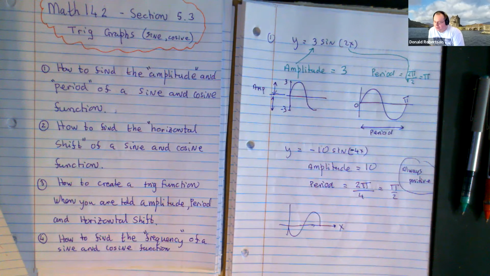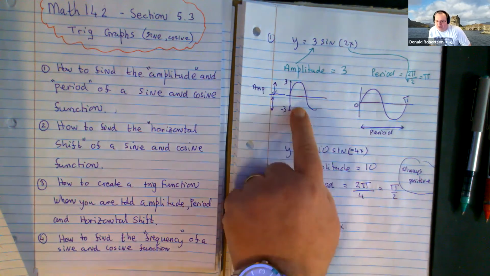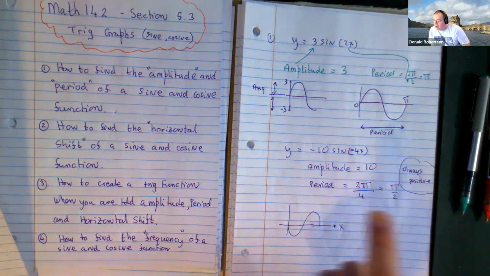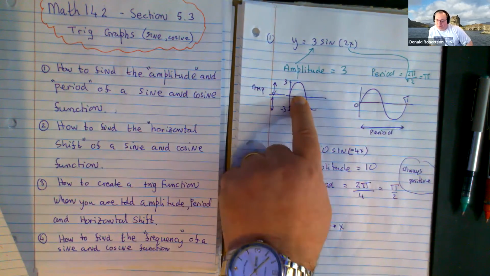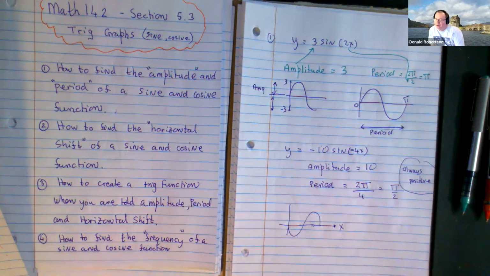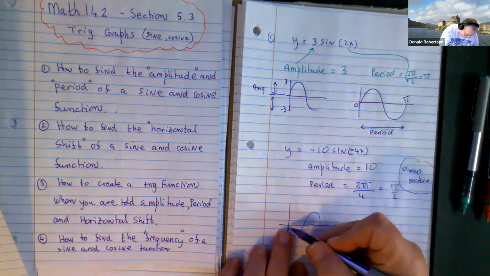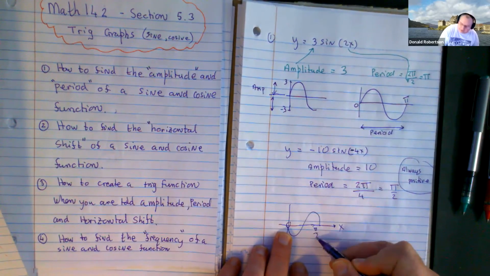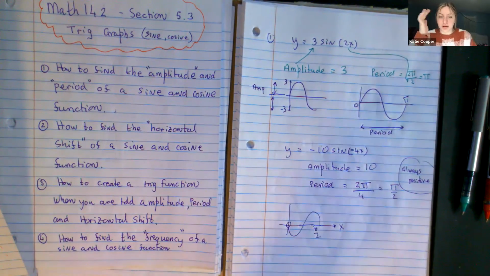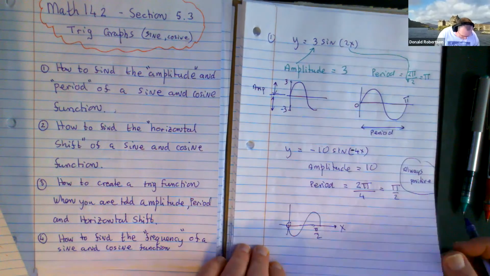So the amplitude doesn't care if it's the right way up or flipped upside down. It's still got the same amplitude. It doesn't care if it's this way up or flipped upside down. It still has the same period. Because won't this shape still repeat itself from 0 to pi upon 2? Right? Yeah, I was just making sure I remembered that right. You remembered that, right?